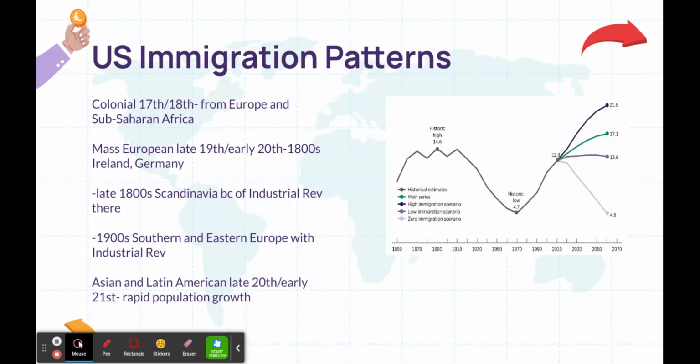Also, in the 1900s, people came from Southern and Eastern Europe. In the late 20th and 21st centuries, rapid population growth happened due to Asian and Latin American immigration in the US.